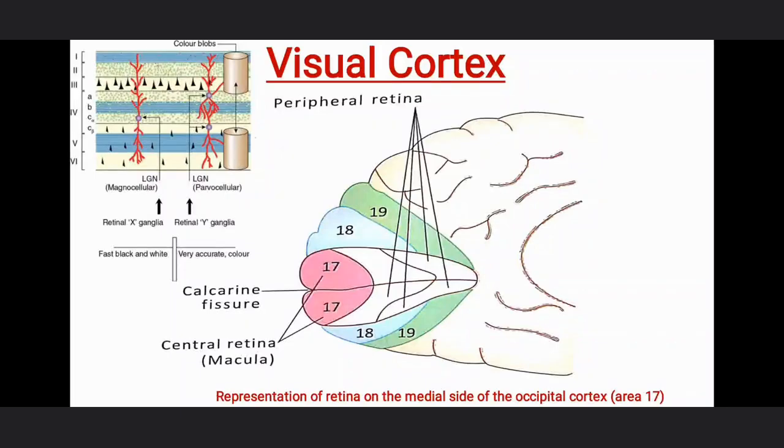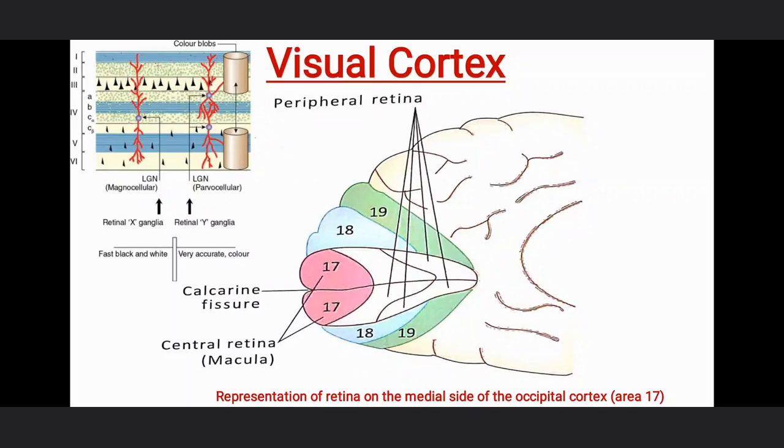The retina has a definite localized representation in the visual cortex. The macula has the largest representation in the posterior part of the visual cortex near the occipital pole. So this is how the retina is represented on the medial side of the occipital cortex, area number 17.